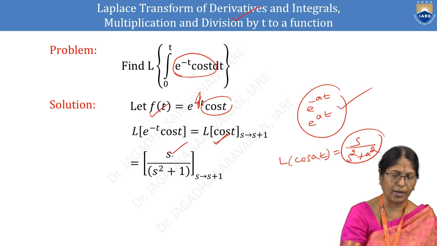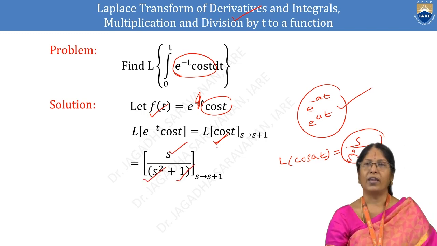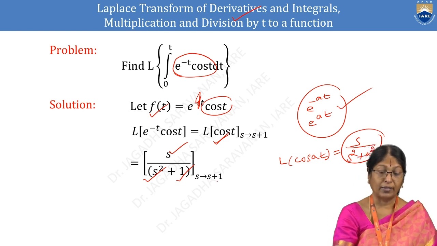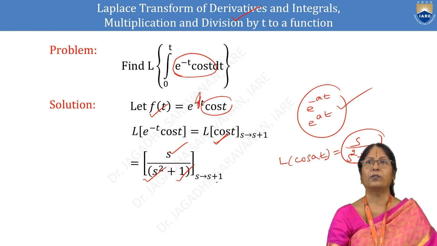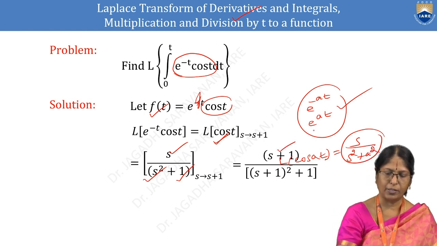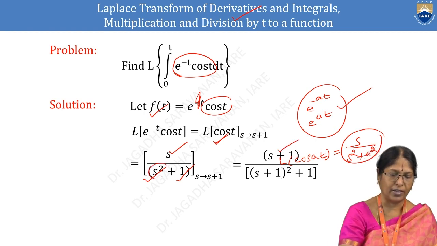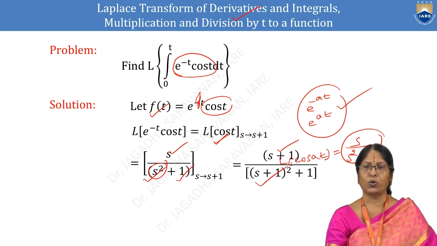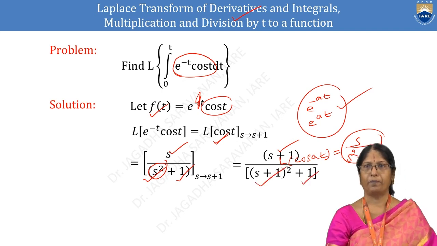So s by s square plus a square, where a is 1. So s is replaced by s plus 1. Here s is s plus 1, and this s square becomes s plus 1 the whole square plus 1.